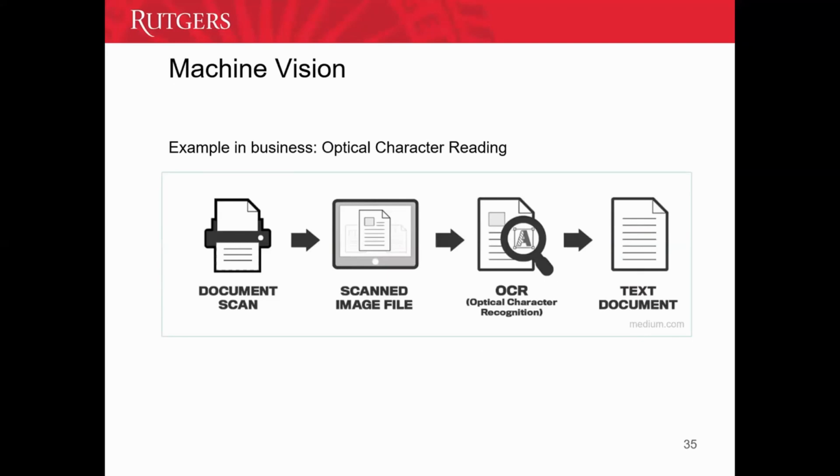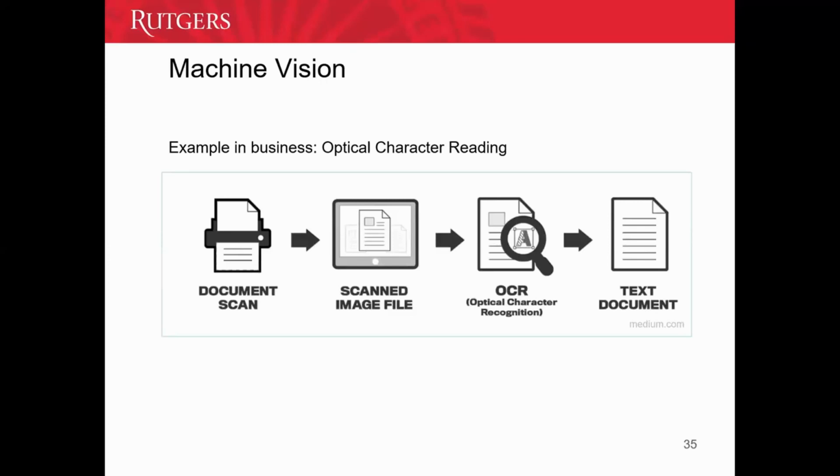So my previous examples of machine vision have been mostly around self-driving cars. However, I want to talk about a business example. And this business example is optical character reading. So optical character reading is the ability for an AI to analyze documents, scanned documents, right? And be able to detect characters or words within those documents.